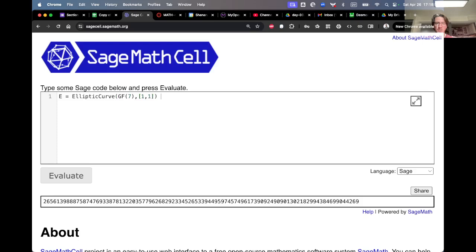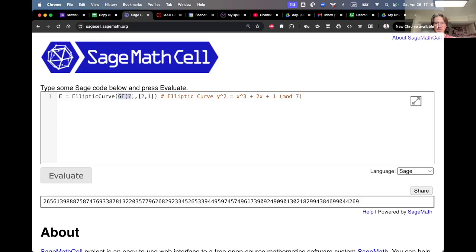What this means is this is the elliptic curve y squared equals x cubed plus 1x plus 1. And in fact, let me change this to 2, 1, just to make the distinction. Plus 2x plus 1. And this is done mod 7.